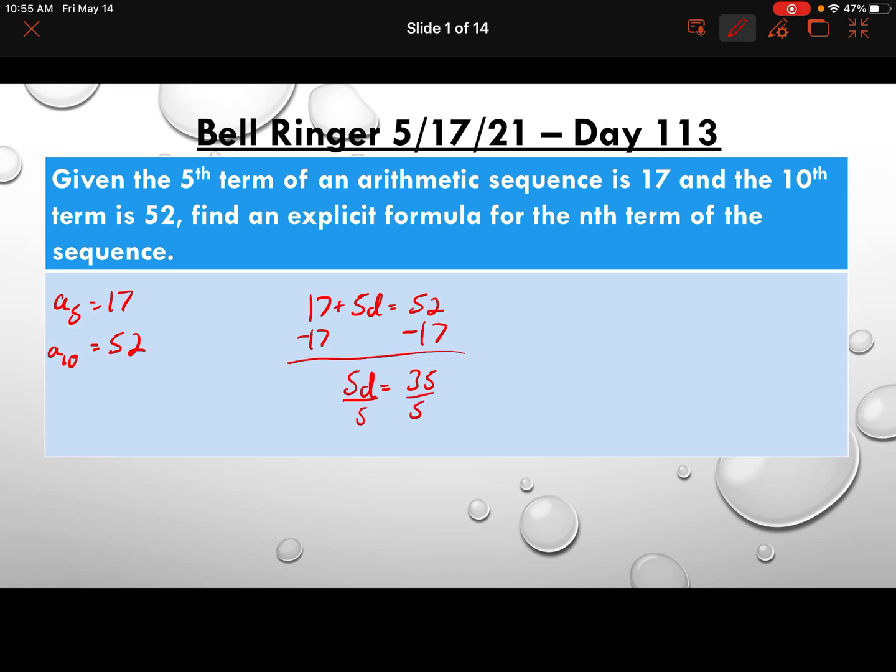Divide both sides by 5, and d is equal to 7. So that means the common difference is 7, which means our explicit formula, which if you recall is a sub n is equal to dn plus c. That's the standard form of an explicit formula for an arithmetic sequence. We know the d value is 7, so 7n plus c. Now we just have to figure out the c value.